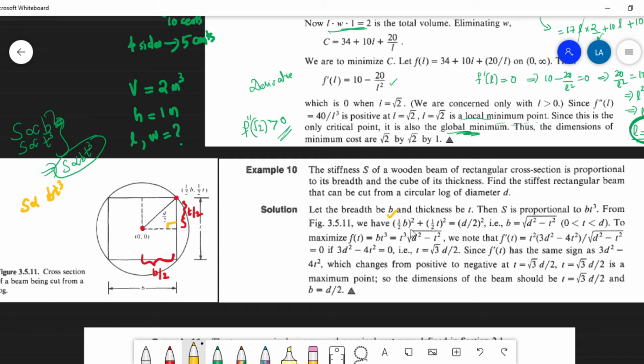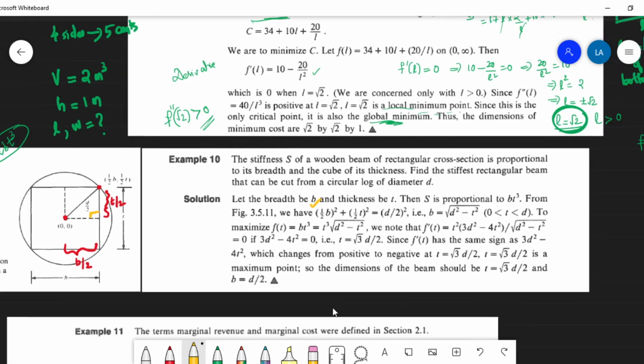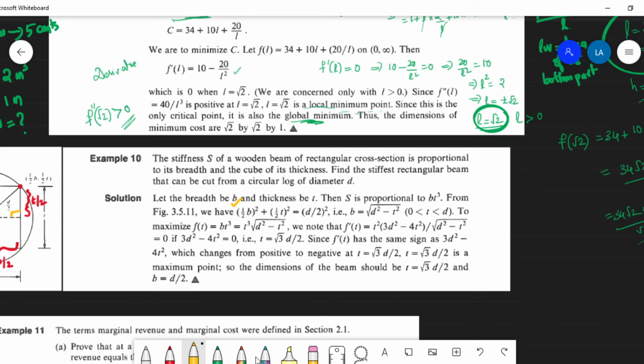You have b by 2 the whole square plus t by 2 the whole square is equal to d by 2 the whole square. And from that you can obtain the relation given there by solving it. It's very simple.